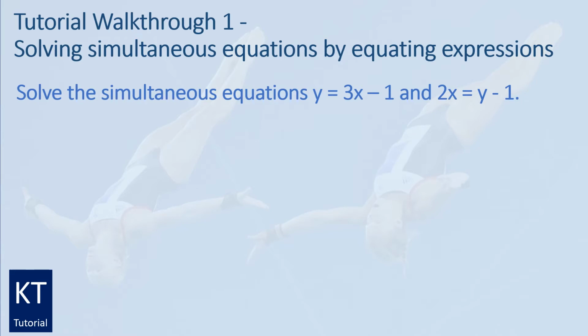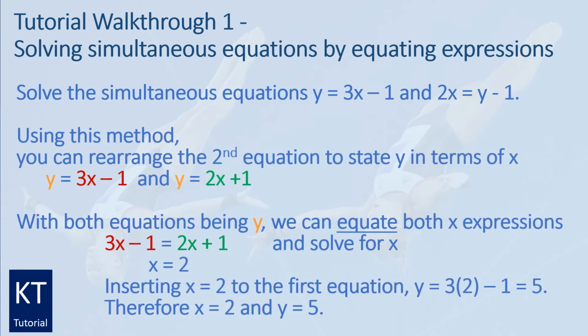Here, solve the simultaneous equations y equals 3x minus 1 and 2x equals y minus 1. Using the equating expressions method, you can rearrange the second equation to state y in terms of x, making 2x equals y minus 1 into y equals 2x plus 1.